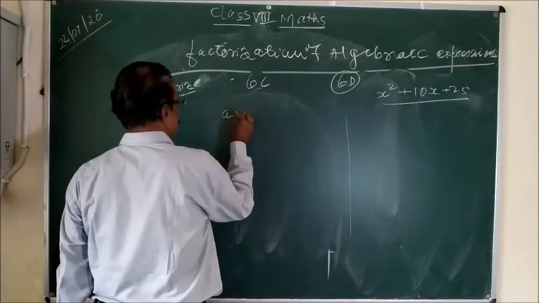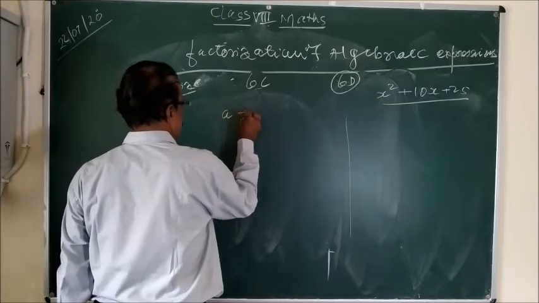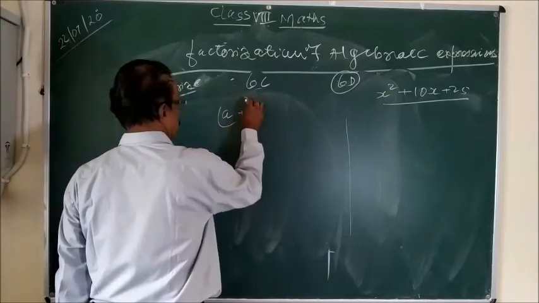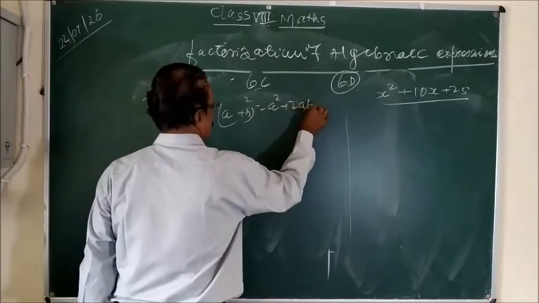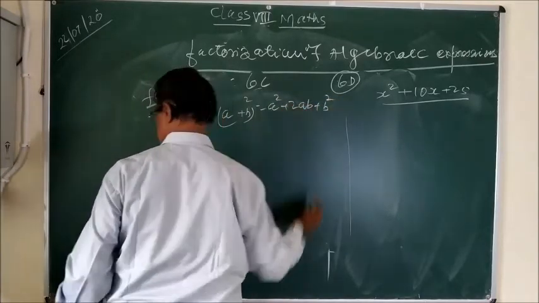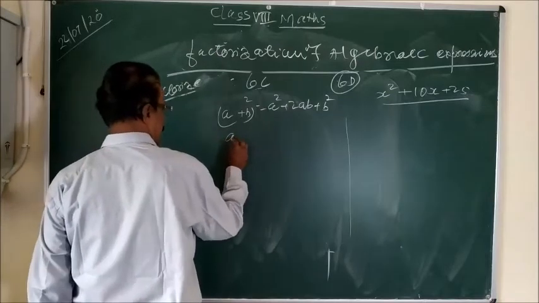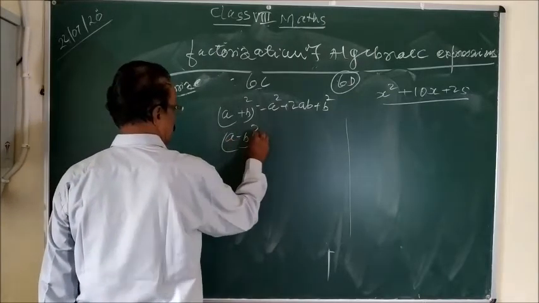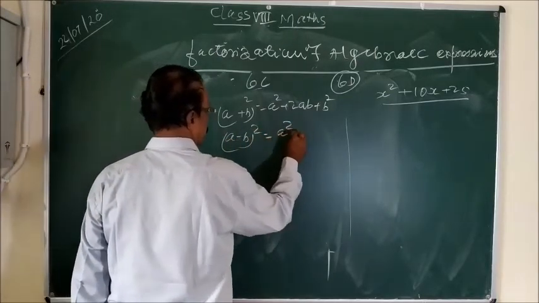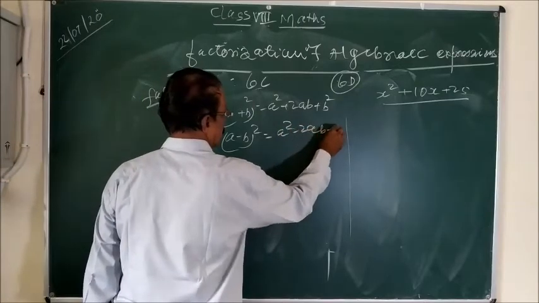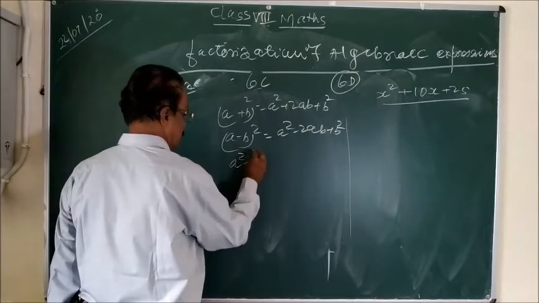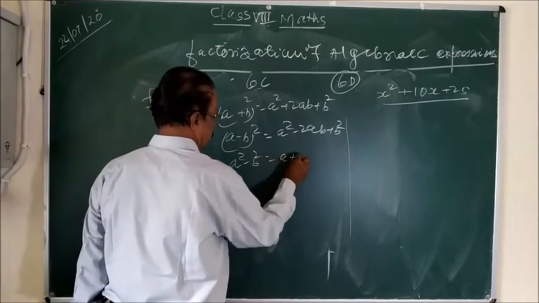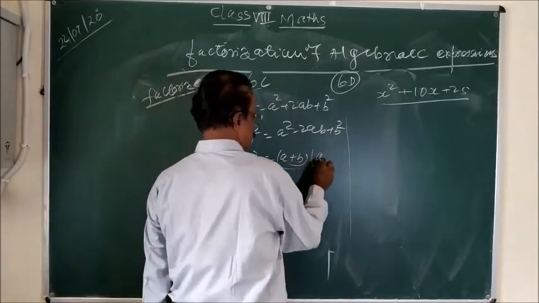You will remember this. A plus b whole square is equal to, I have already explained how you can derive or obtain this formula. A minus b whole square. These are important formulas and you will remember them. And another is a square minus b square equals a plus b into a minus b.